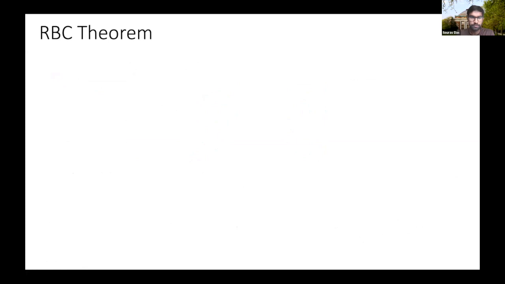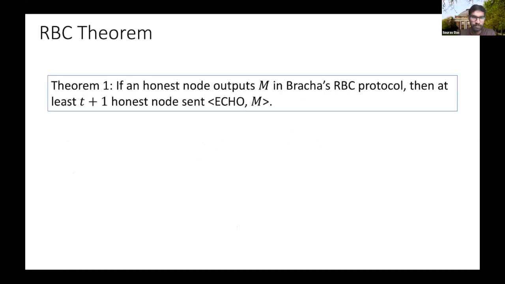But before I do so, I want to state a theorem from Bracha's RBC. I'll state it very informally, but it will give the message. It says that if we run Bracha's reliable broadcast, we can guarantee that whenever an honest node outputs a message M, then at least t plus 1 honest nodes sent an echo message.